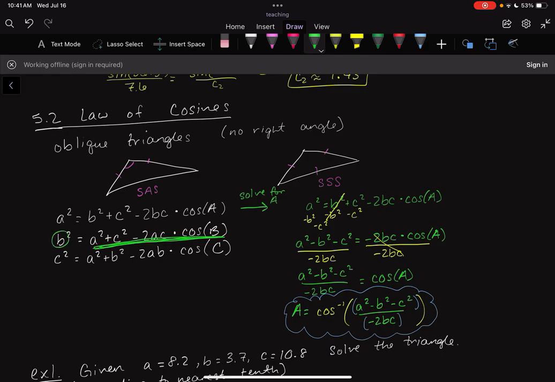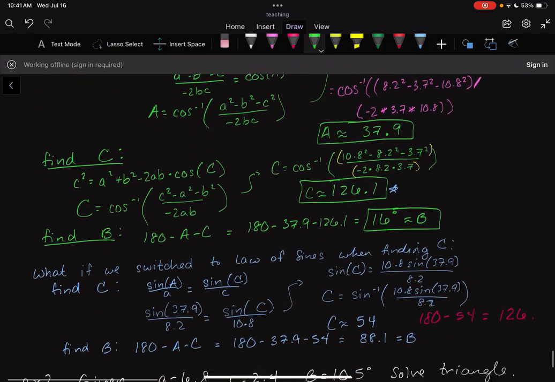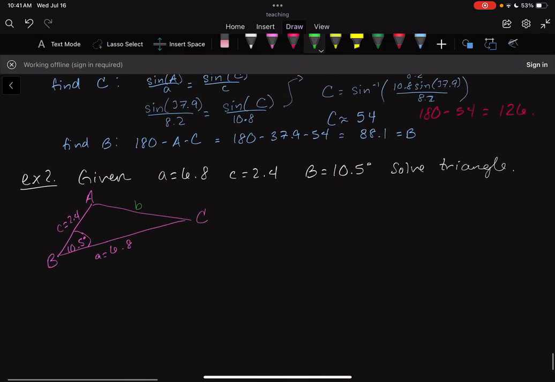So I'm going to have to find side B. So you end up making a fully developed ratio. So we get B squared is equal to A squared plus C squared minus 2AC times cosine B. Let me put what I'm looking for here. All right, looking for side B.